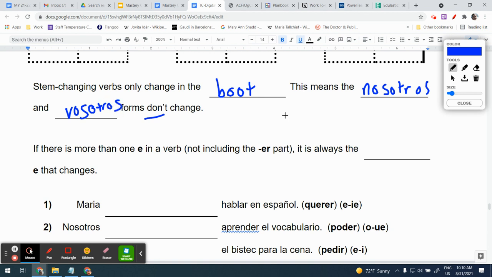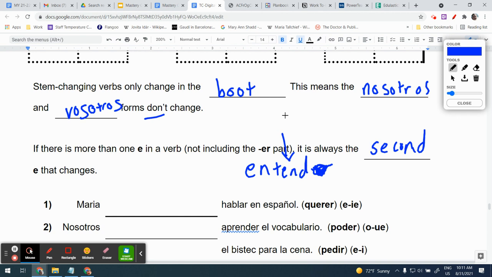And if there is more than one E in a verb, not including the ER part, it is always the second E that changes. So for example, entender. We don't include this ER because that's not part of the stem. But there are two E's. It is the second E that changes.